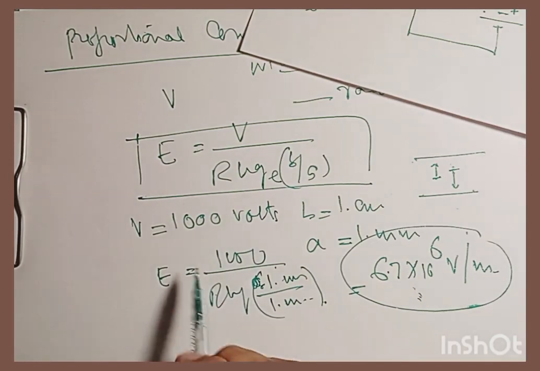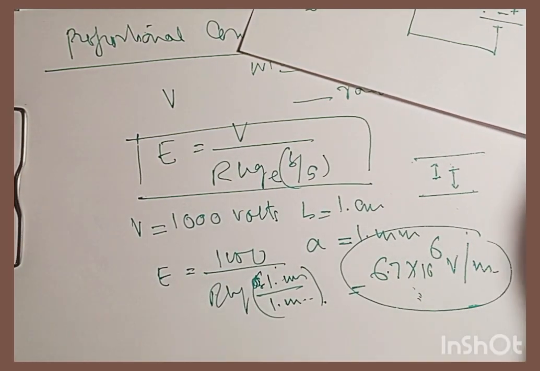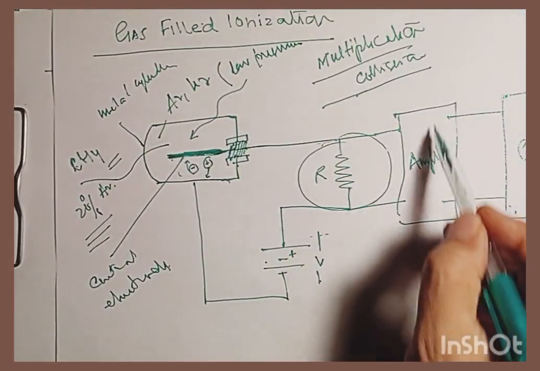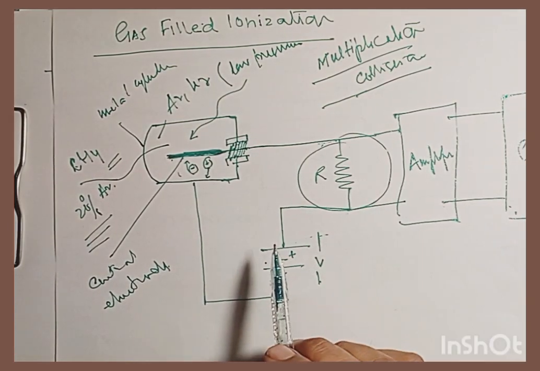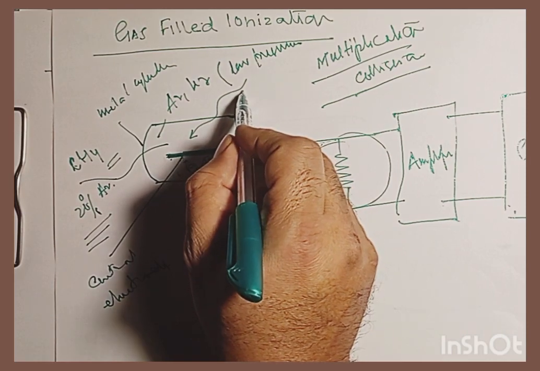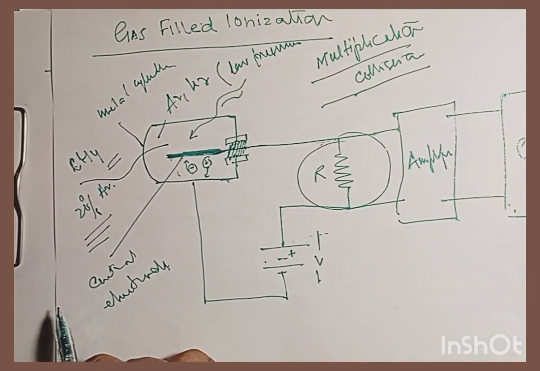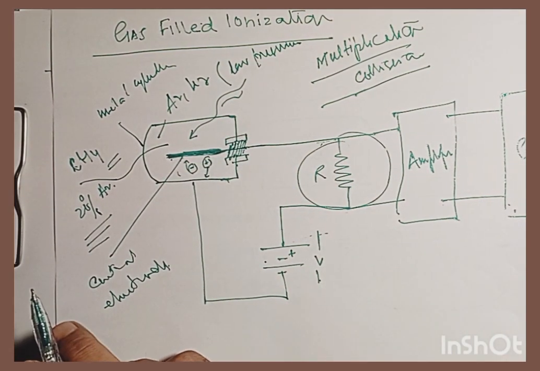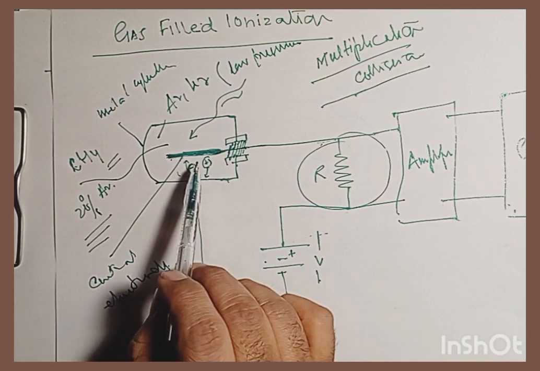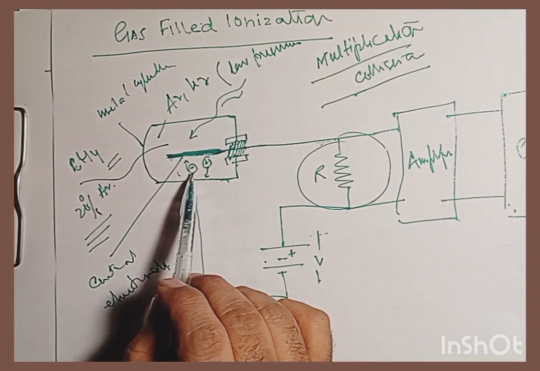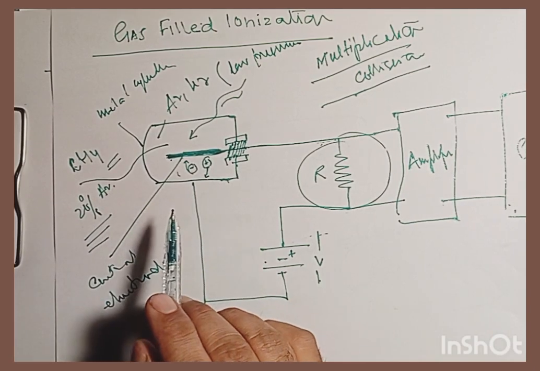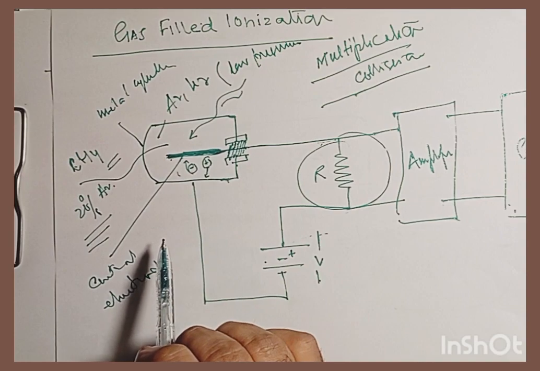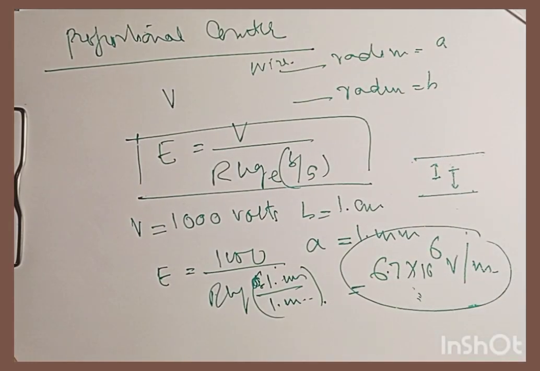The height of this pulse registered through the amplifier is proportional to the energy of the incident particle that has entered the chamber, so it can be used to estimate the energy of the particle. The number of particles incident per unit time, or the intensity, can be estimated from the number of pulses produced per unit time.